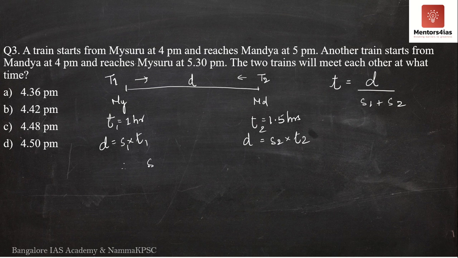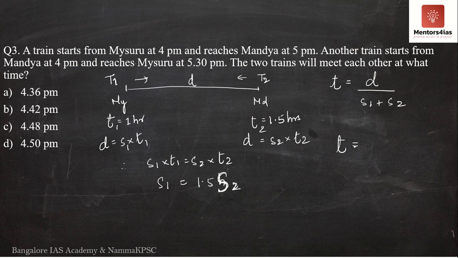Therefore, can I say S1 into T1 is equal to S2 into T2, where T1 is only 1 hour. Therefore, we have S1 is equal to S2 into T2. T2 is what? 1.5 hours. Therefore, S1 is equal to 1.5 S2.